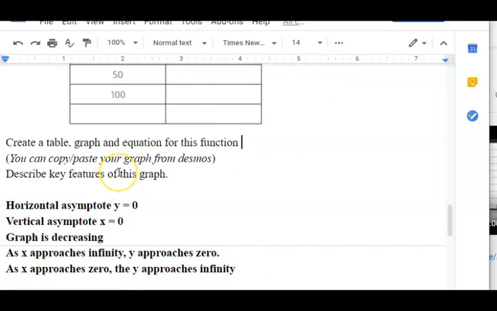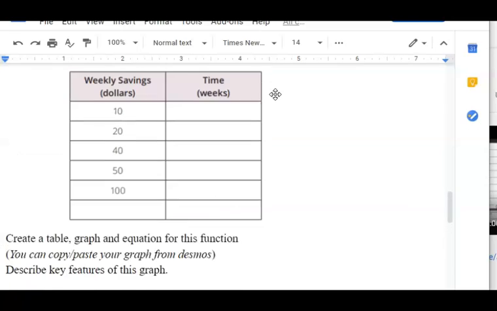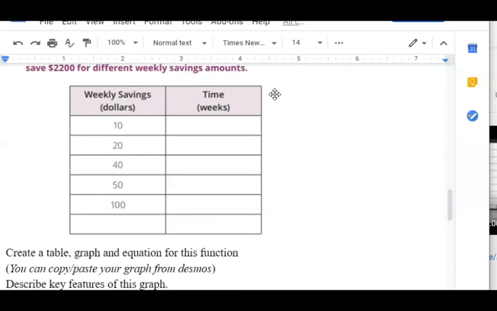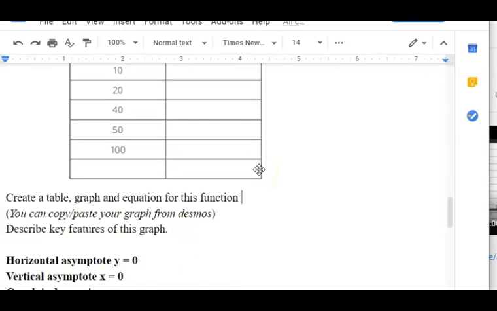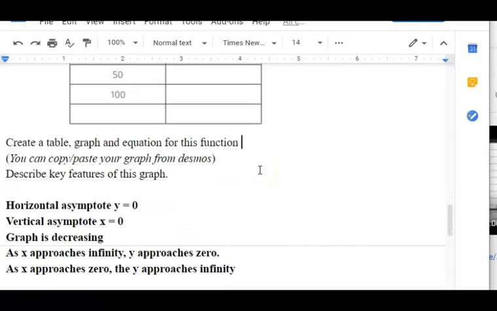The horizontal asymptote is at y equals 0. And that's because you're never going to reach a 0 amount by dividing. You could have 1,000,000 weeks. You're still going to have some money. I don't know, 0.00001 penny, but you'll have something. So the number of weeks can go indefinitely up, but you'll never have a y value that's 0.